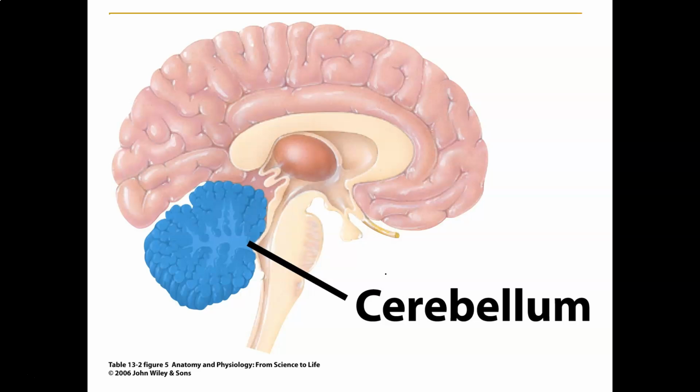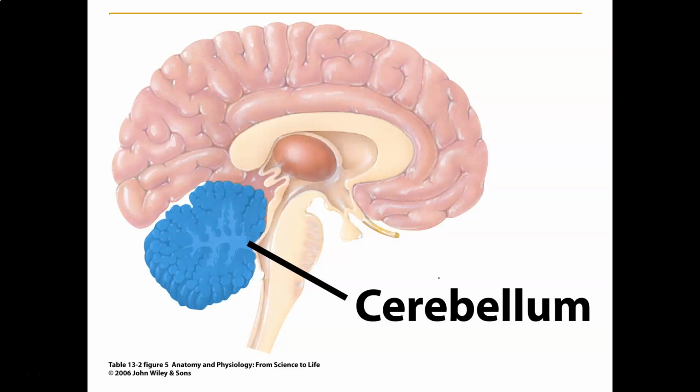The cerebellum will be equally brief, so I'm not covering all of its important functions. But one of its main ones is to help coordinate skeletal muscle contraction, which is very complex. If you were to analyze in detail everything that went into your walking across a room, all the different coordinated muscles that were involved, it's quite complex.